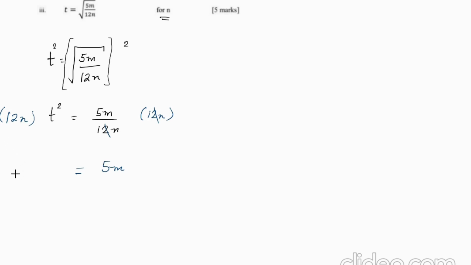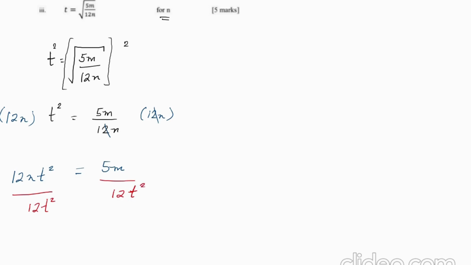All right, so on the left-hand side, I have 12 and t squared. Now, I'm going to divide on the left-hand side by 12t squared. That will get rid of this t squared. It will get rid of this 12. But I've got to do that on the other side as well, 12t squared.